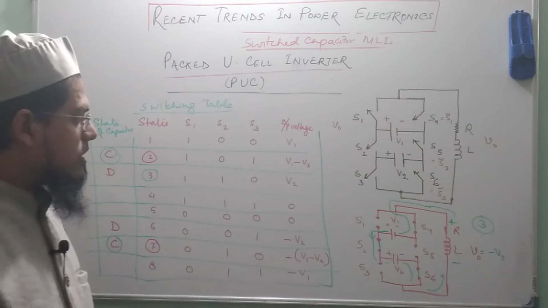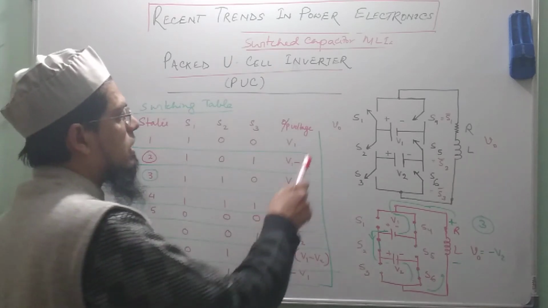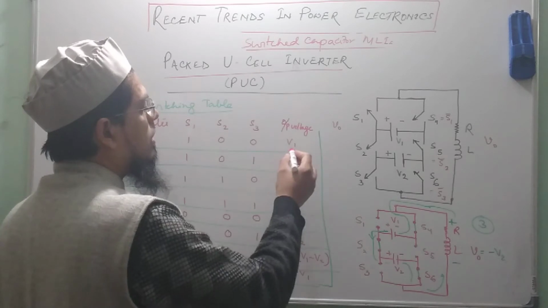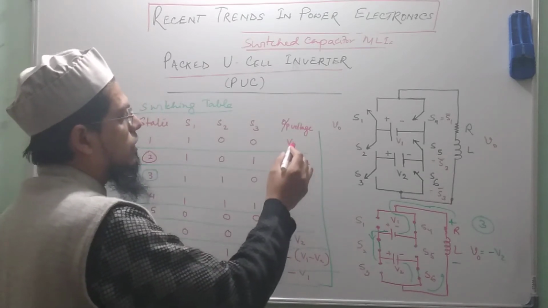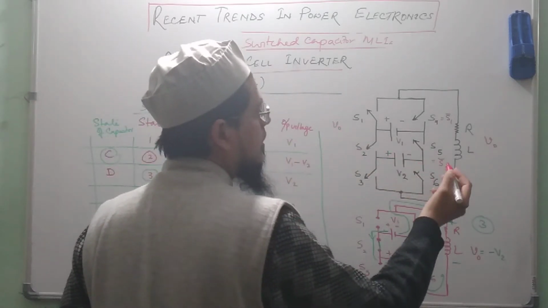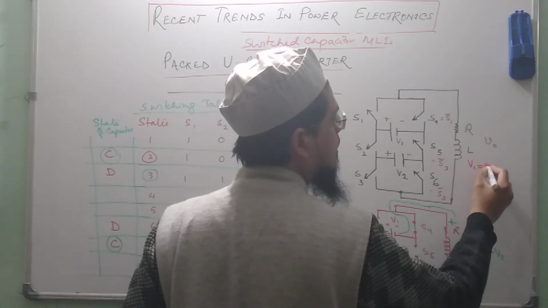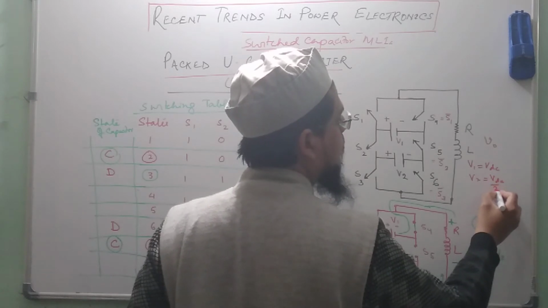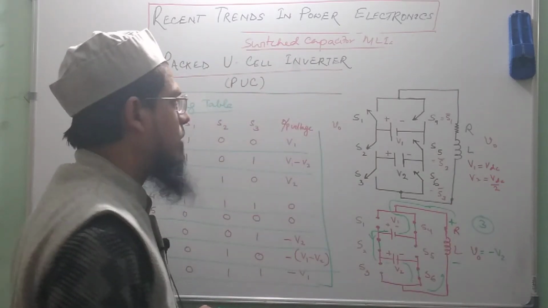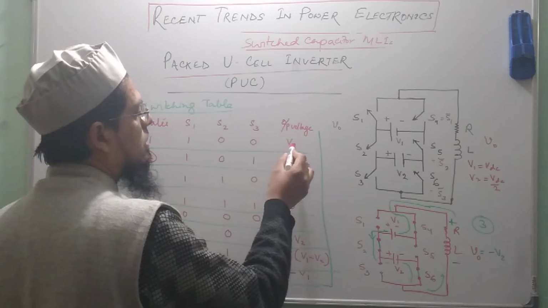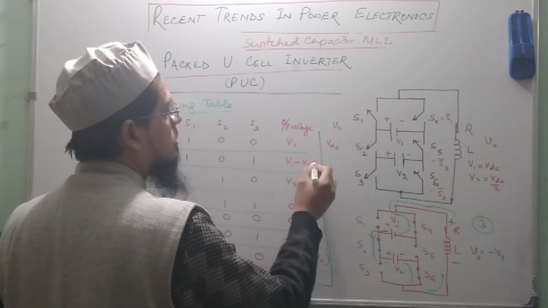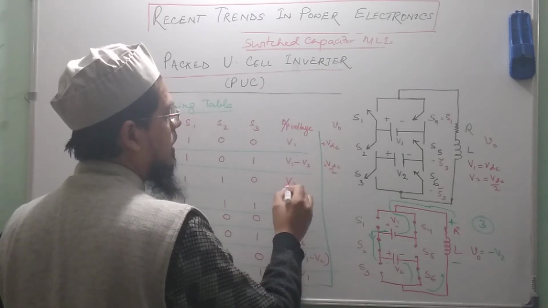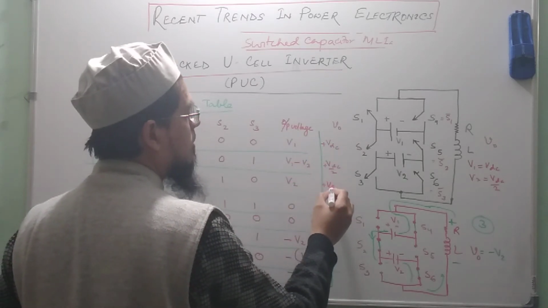Acha, one thing I forgot to mention about the levels in the output voltage. So if I am keeping V1, let me write it here. So if I am keeping V1 equal to VDC and V2 equal to VDC by 2, okay, then what will happen? So that means this will become VDC, this will become VDC by 2 plus, of course, and V2 is again plus VDC by 2.